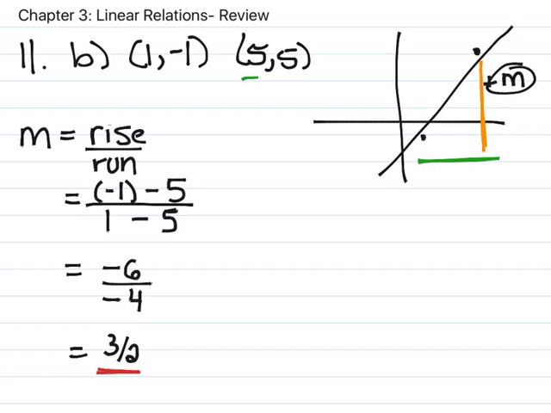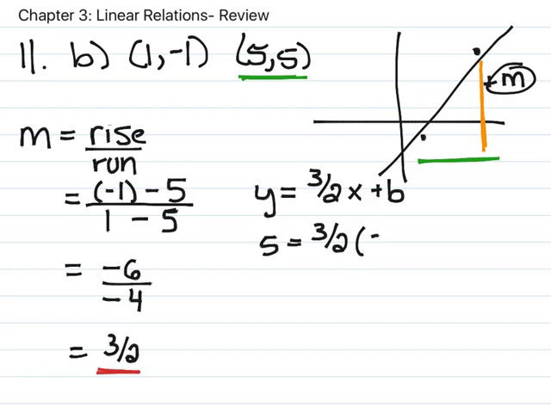I'm going to choose, again, the second point because I don't like working with negatives when I have the option not to. So you're going to have the start of your equation, y is equal to 3/2x plus b. Now we're going to sub in 5 is equal to 3/2 times 5 plus b.